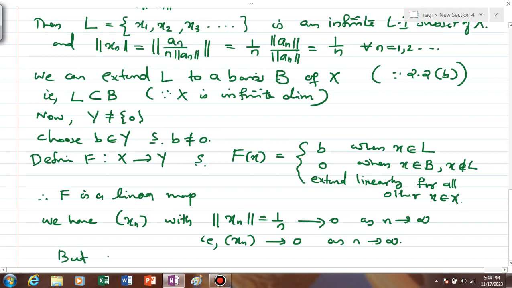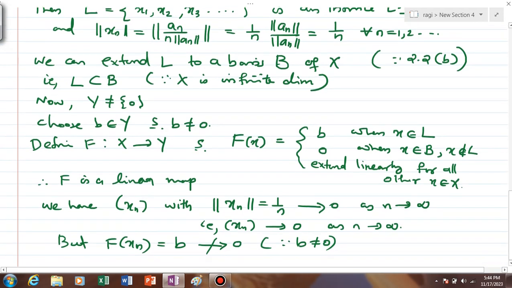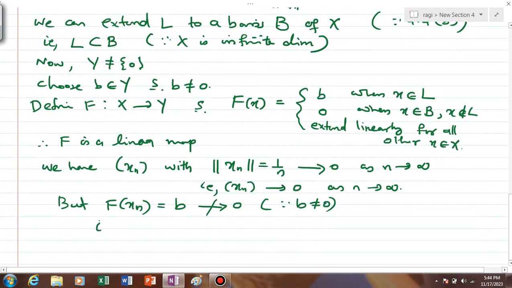But when we check F of xn, we know that xn is an element of L, so F of xn is equal to b for every n. This does not converge to 0 since b is not equal to 0, right? That is, F of xn does not converge to 0.